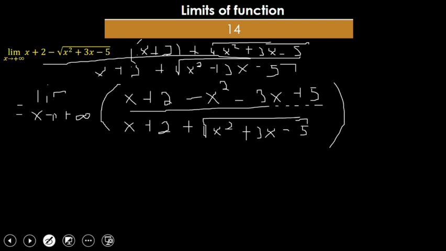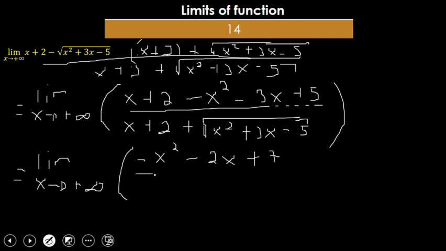Proceeding with this, this and this, that will be equal to limit as x tends to plus infinity of minus x squared minus 2x plus 7 all over x plus 2 plus square root of x squared plus 3x minus 5.